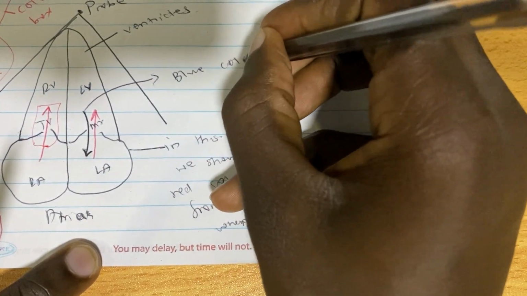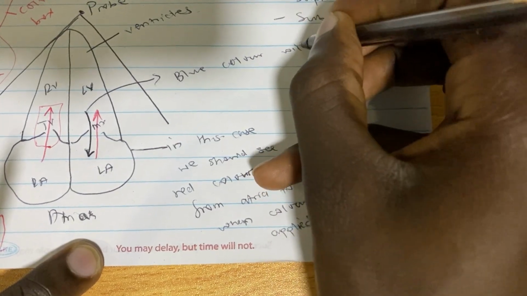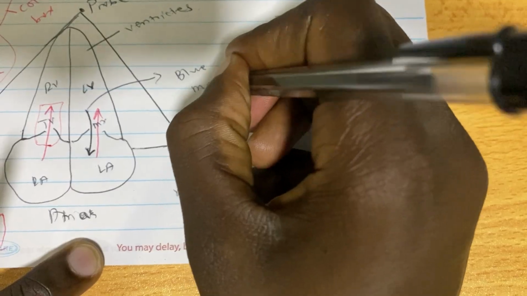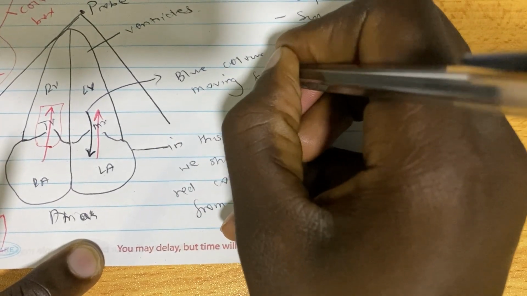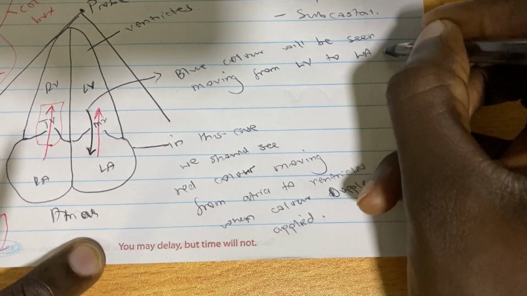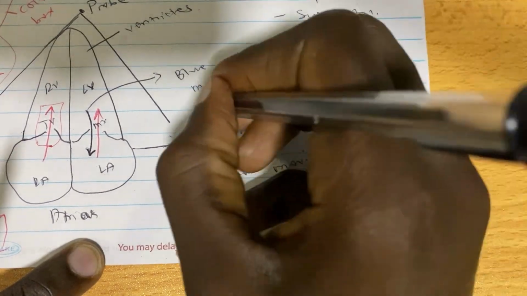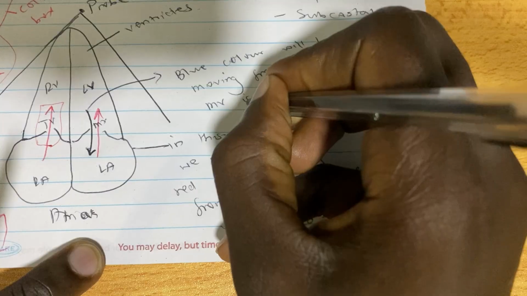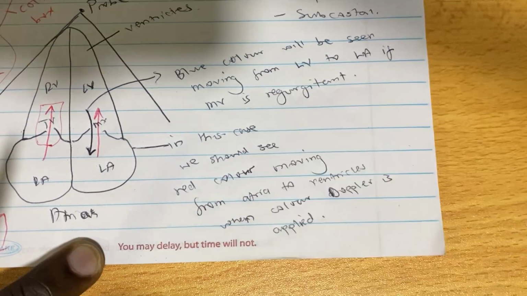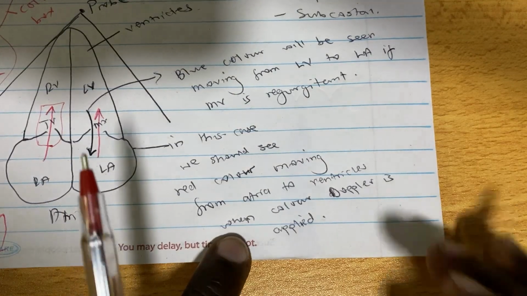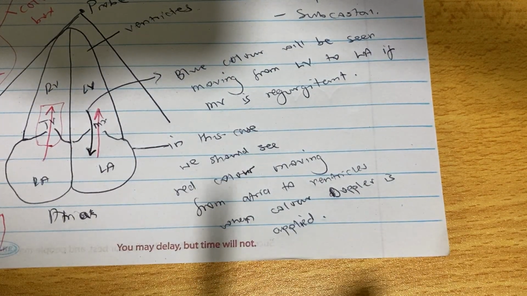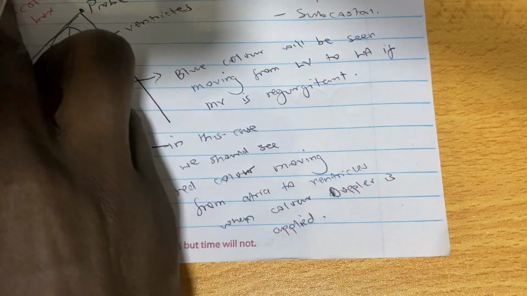Blue color will be seen moving from LV to LA if mitral valve is regurgitant, because following this rule, blue away, red towards.